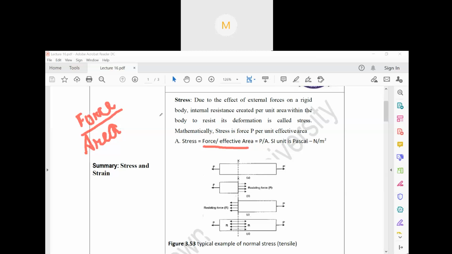Stress is force per unit area. Now the unit of stress is Pascal, or Newton per meter square.